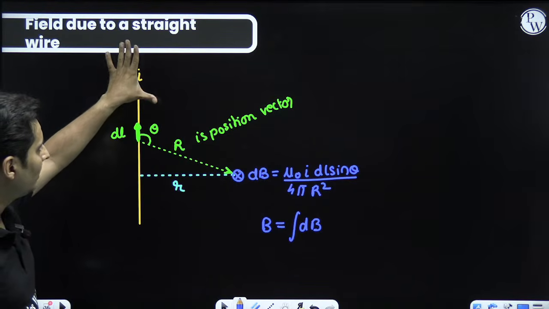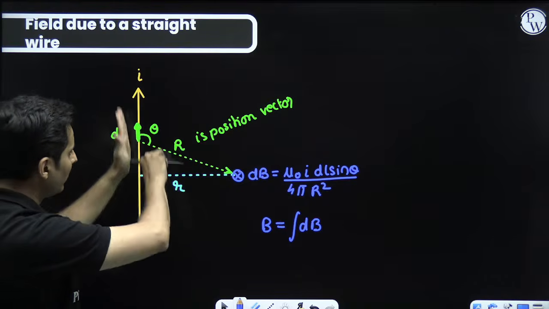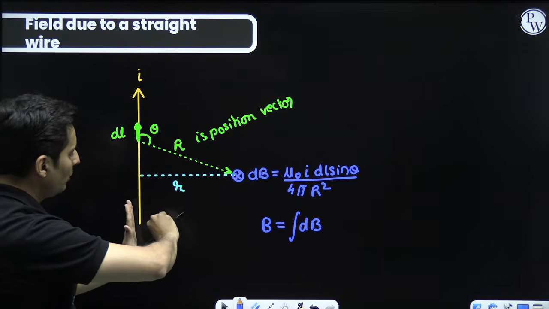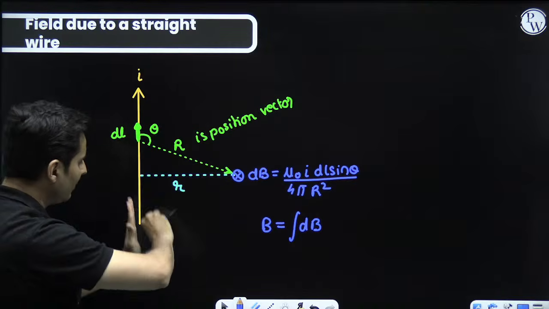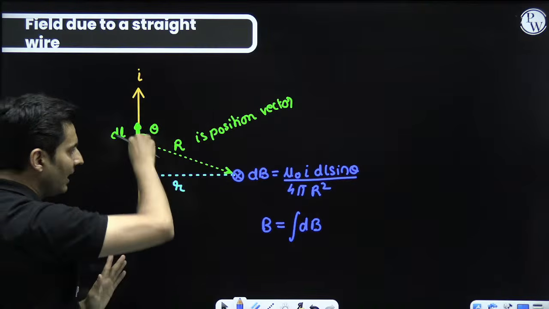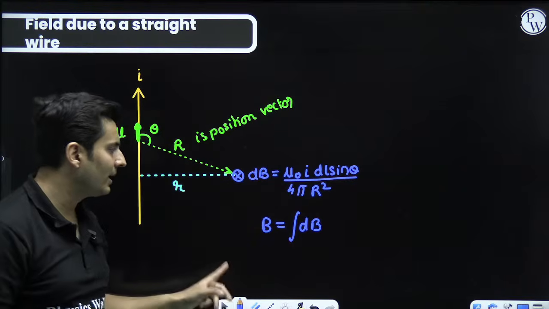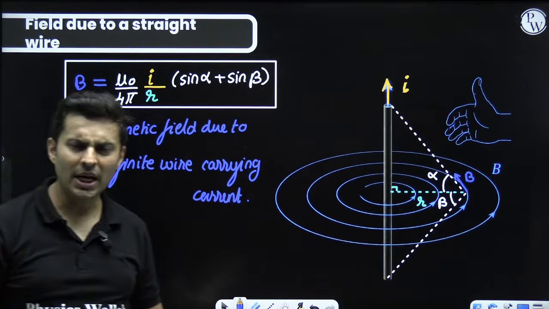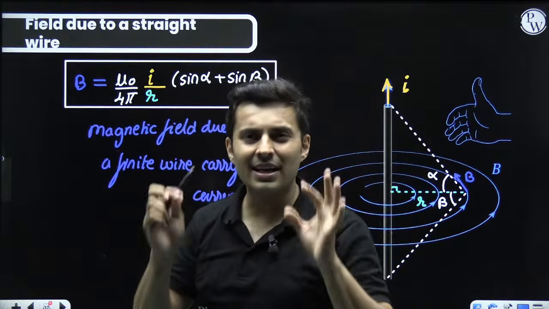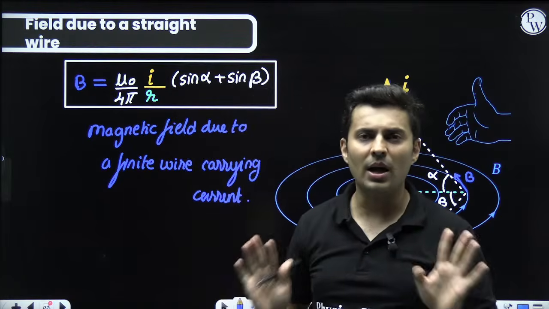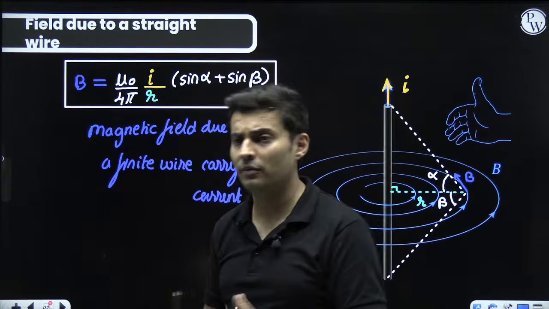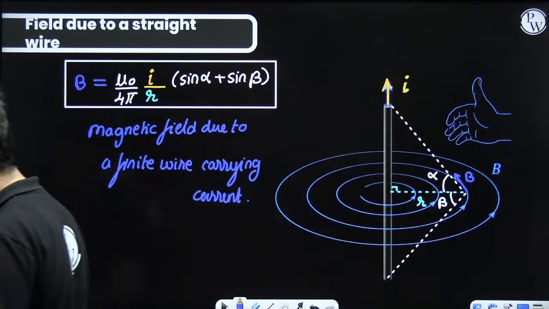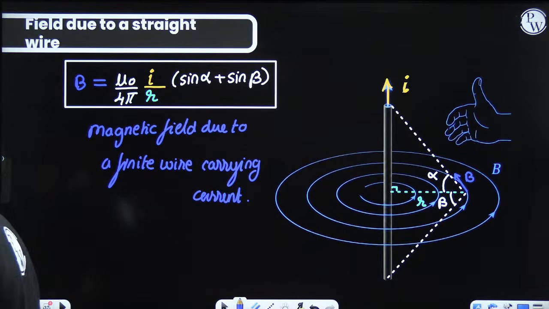When you go on the top, it will be different, and when you go here, it will be different. So you put the limits accordingly, and you integrate all the contributions, you will get basically this formula which I have written here. Okay, so I hope you understand. It is again coming via integration only using Biot-Savart's law, nothing different from it at the end of the day. Okay, cool, very good, amazing.